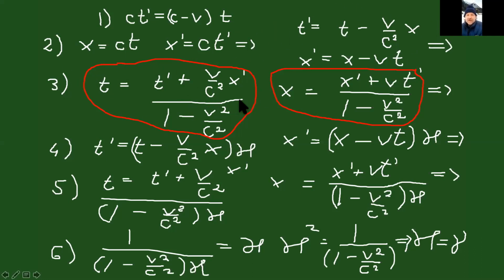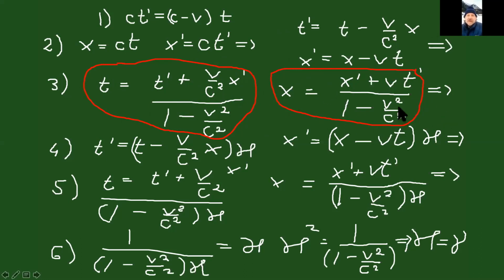We find that t is equal to (t prime plus v over c squared times x prime) divided by 1 minus v squared over c squared, and x is equal to (x prime plus v times t prime) divided by 1 minus v squared over c squared.